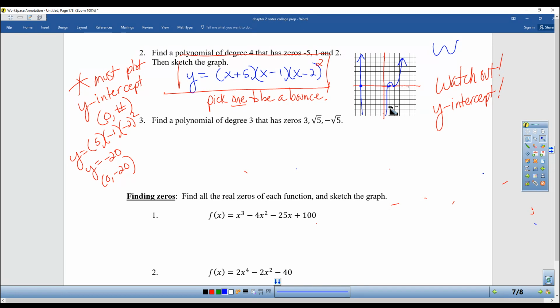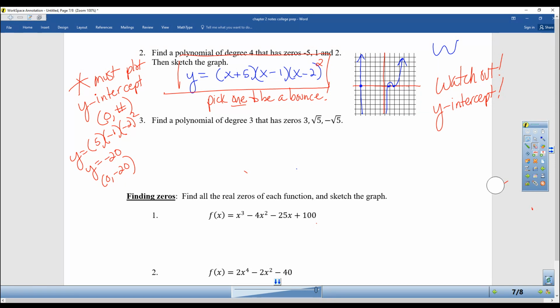I bounced at the 2, and I didn't cross the y-axis. I showed that it keeps going. And that's what it would look like if you had done it on your graphing calculator. The graph would come down, and then it would just disappear, and then it would start to come back up because the y-intercept is lower than you can see.